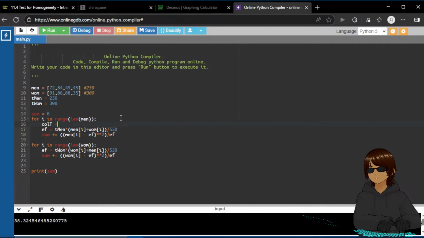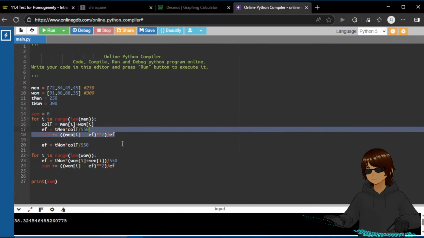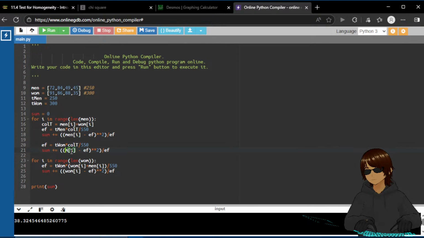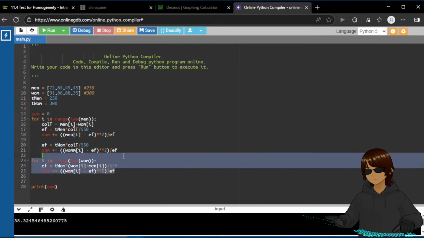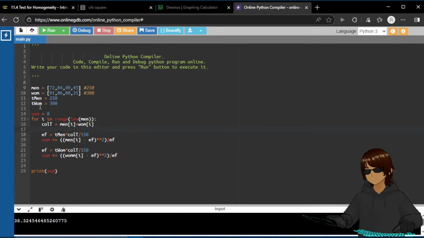Column total. Column total. Total men times column total divided by 550, as if they were independent.